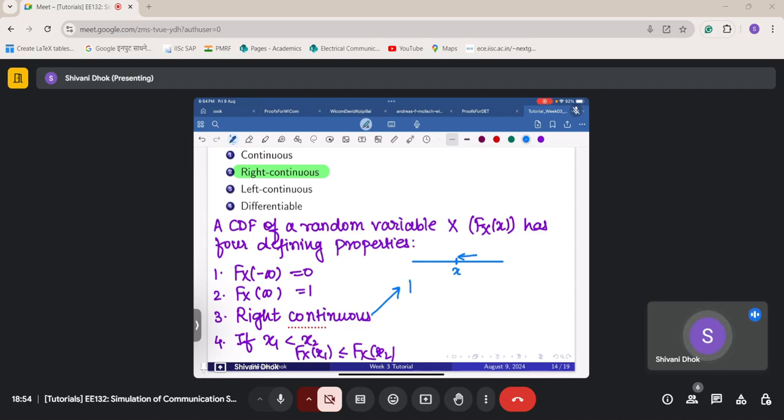So it simply means that the limit as y tends to x plus of fx of y is equal to fx of x. This is also known as y approaches x from the right, another notation to write the same thing.